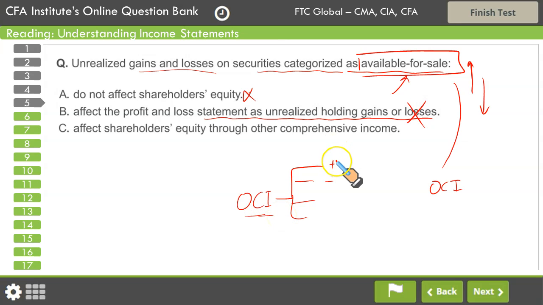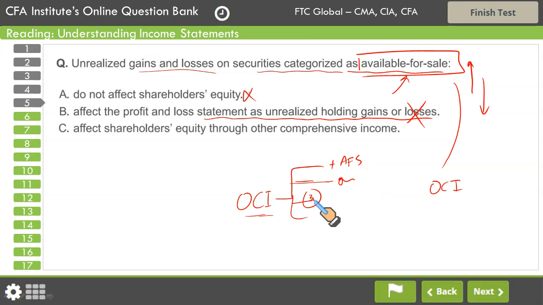Other comprehensive income includes unrealized gain and loss on available for sale securities, and foreign currency translation on a subsidiary. If you have a foreign subsidiary and you translate its financial statements into your reporting currency, any gain or loss on the translation is not your income, rather it is reported as a part of other comprehensive income.